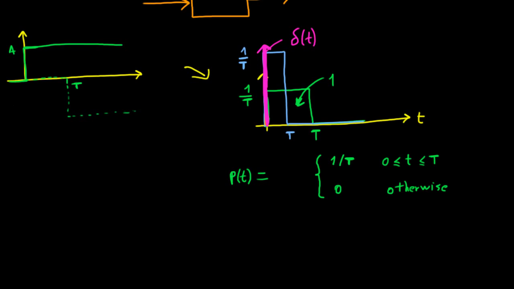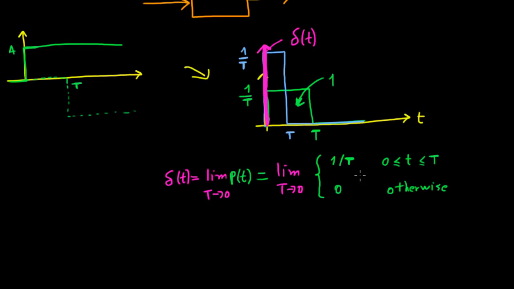So the unit impulse, delta of t, is just the limit of p of t when capital T tends to 0. That is the limit when capital T tends to 0 of the previously defined function.